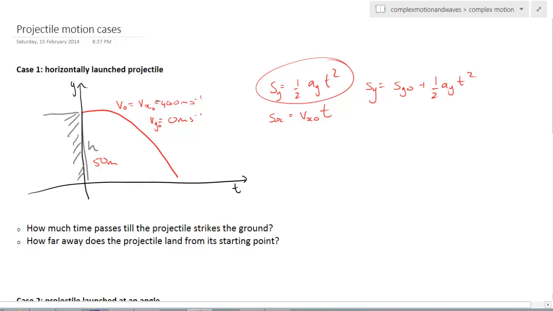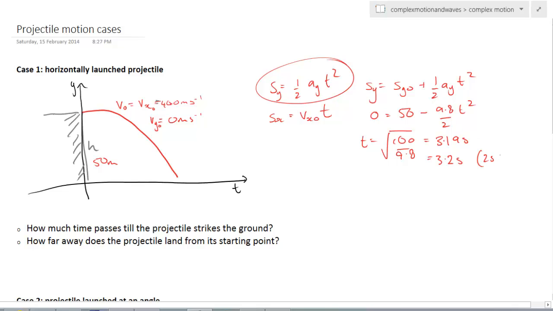So if we write it as that, we want to find out how long until Sy is 0. So 0 is equal to 50 minus 9.8 on 2 t squared. So that means we're going to have t equaling the square root of 100 on 9.8, which is about 3.19 seconds, 3.2 seconds.